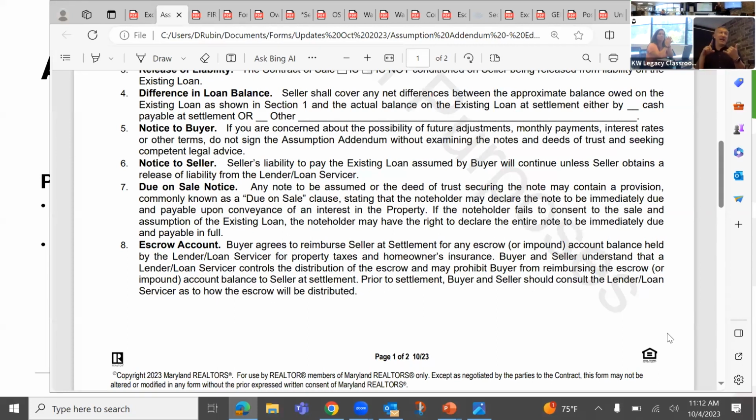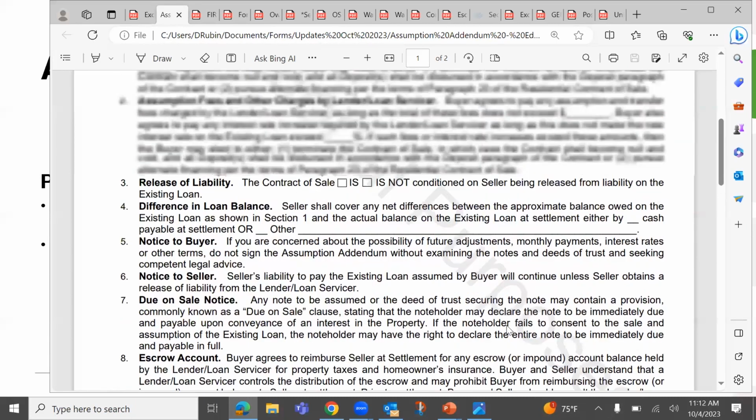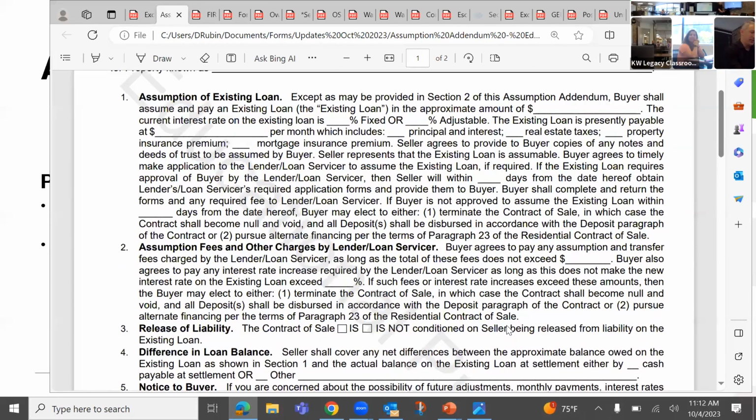They need to decide if the original seller is going to be released from liability, and all these trigger points could just blow up the assumption completely, right? So in a lot of instances it's not going to go through, in which case they'd have to pursue other timelines in place in this document that give us time. That's basically what all these blanks are for.